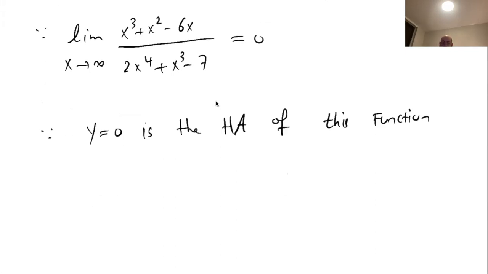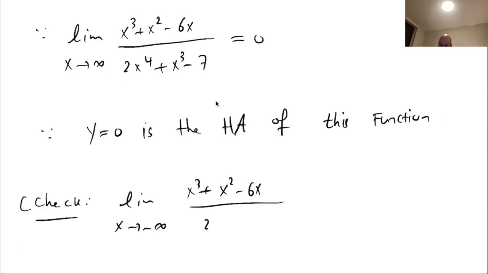Okay, so if the limit at infinity or minus infinity is 0, also check that the limit at minus infinity is also 0. We can do a very similar calculation for the limit at minus infinity, and you will see that the limit is also 0.